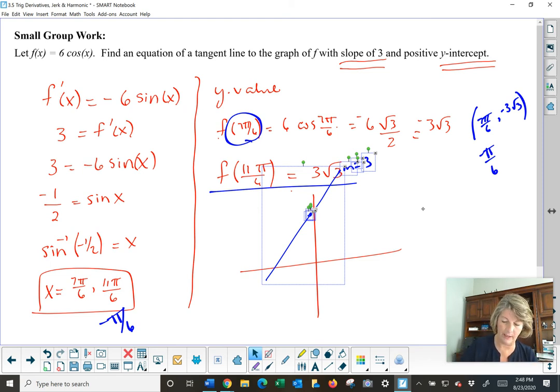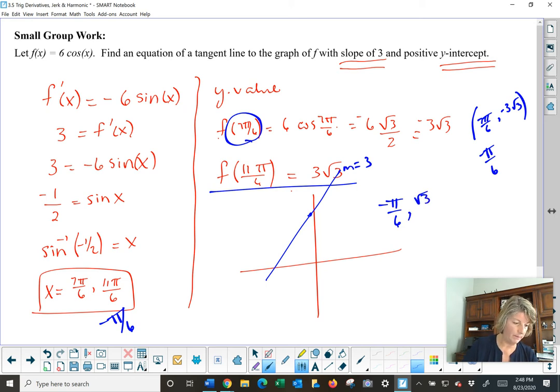So my ordered pair I'm keeping is negative pi over 6, comma, root 3 over 2. And then I'm going to have the equation. Find the equation of the tangent line.